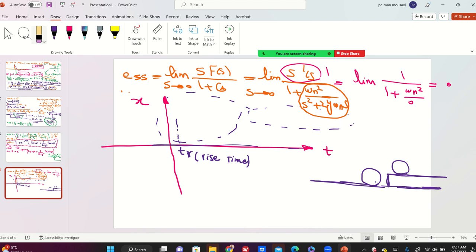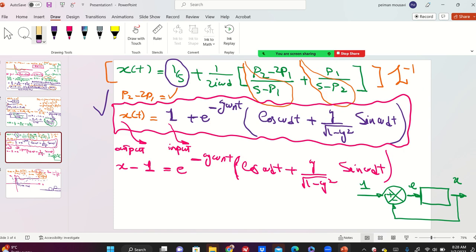What is the value of x at rise time? Here it is 1. Yes, 1. So at rise time, x is 1 for the first time.